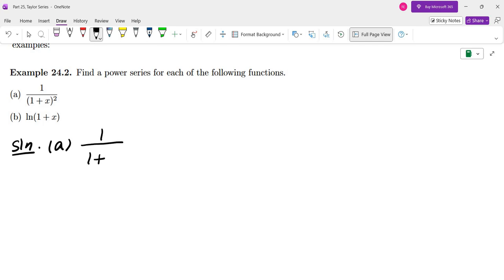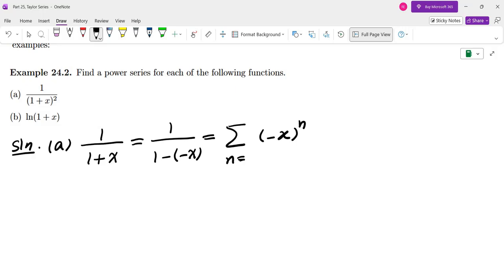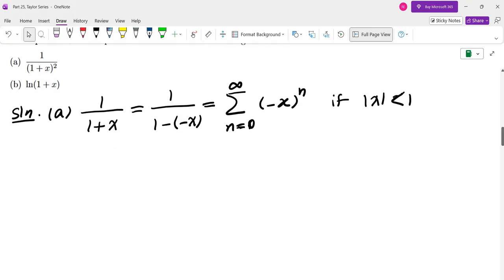So let's write down the power series for 1 over 1 plus x. This is 1 over 1 minus negative x, which is the sum of negative x to the power of n, n equals 0 to infinity. So this is the power series for 1 over 1 plus x.